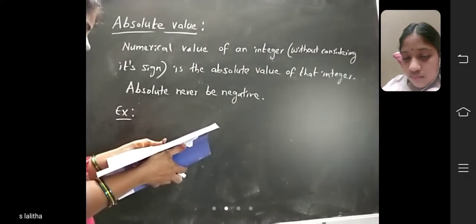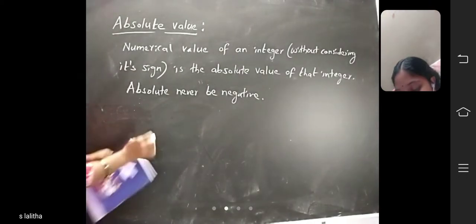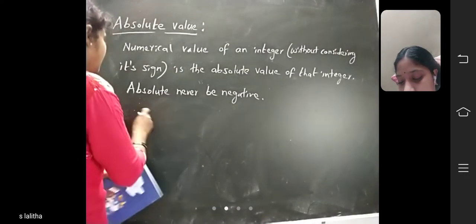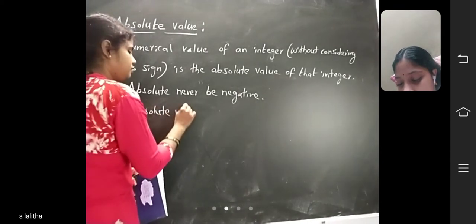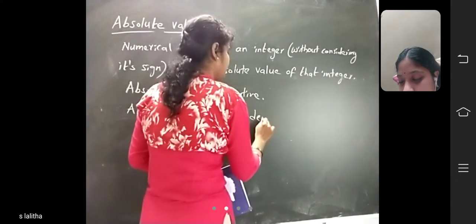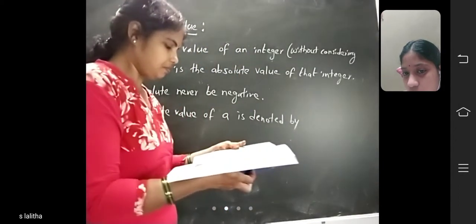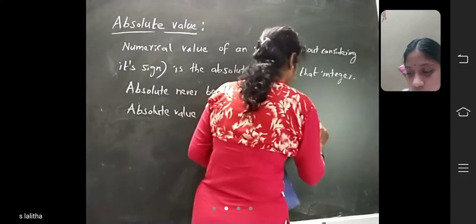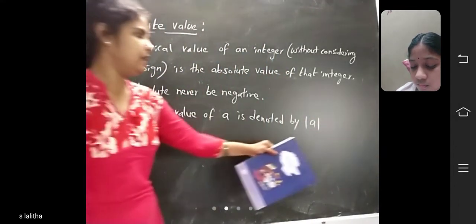How can we represent absolute value? See here, the absolute value of A is denoted like this.